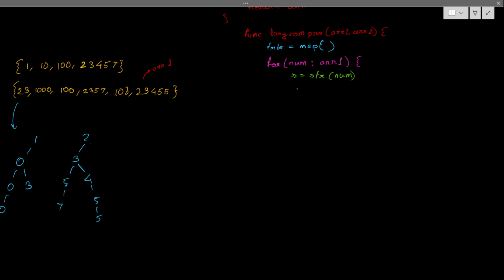So again a for loop: for each digit, let's say digit D in S. For each digit in S, what could we do? I have to check whether it's present in the try or not. Okay. If it is not present, then I have to add it, then I have to continue.